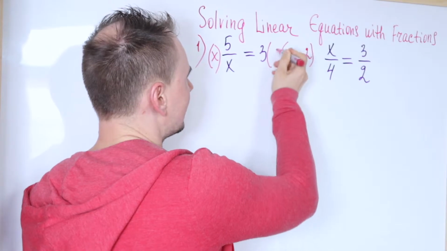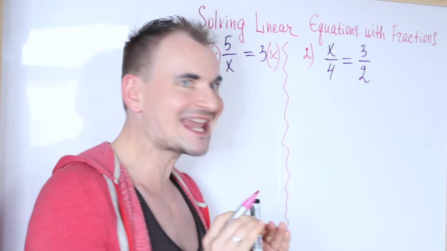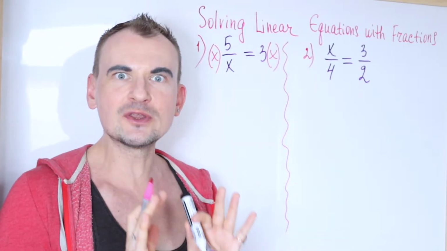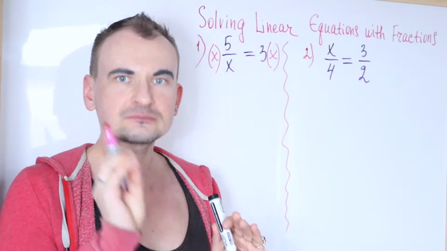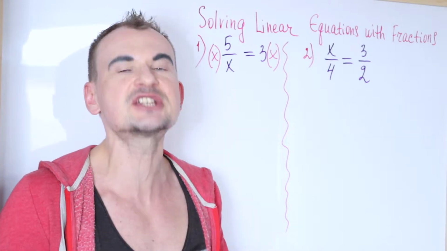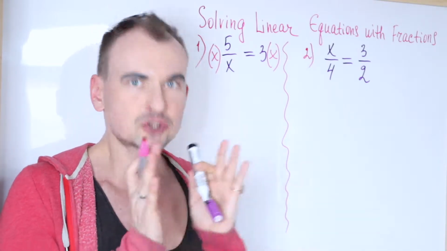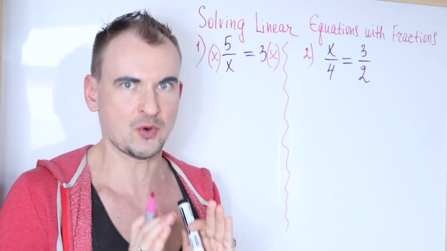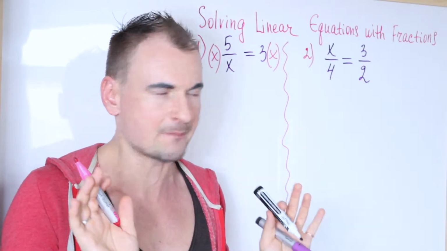Keep in mind that your equation stays in balance as long as you do the operations such as addition, subtraction, multiplication, division to both sides of your equation. That's a good rule of thumb.